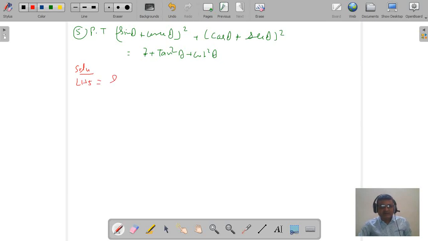Say this is A: (sine theta plus cosec theta) whole square plus (cos theta plus sec theta) whole square.